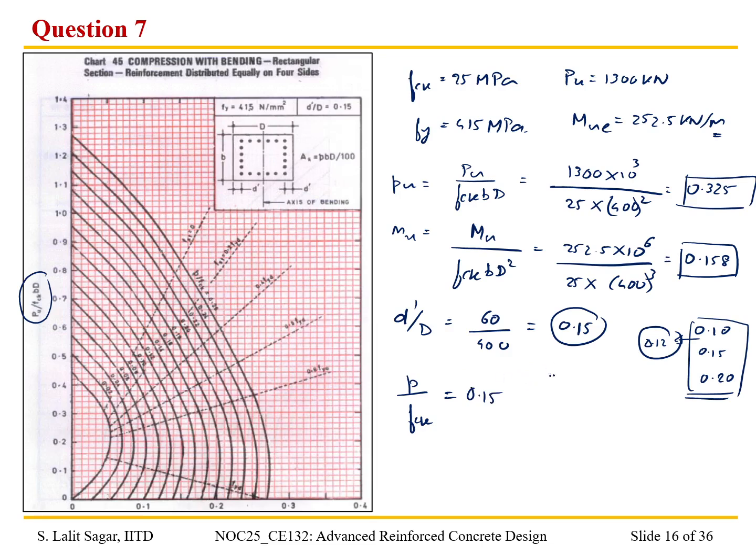So what will be the percentage of reinforcement? p corresponds to the percentage of reinforcement, as you can calculate from this particular equation. fck is 25. So when we multiply 0.15 by 25, we get the value of p as 3.75%. Wait a minute.